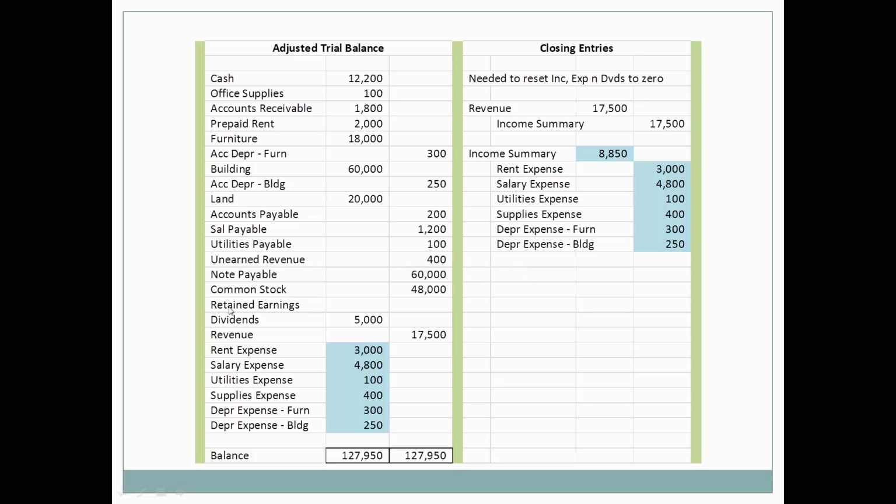So it is just one amount from the income summary that will be booked to retained earnings. This will be the income summary, which we are going to debit, and I'll show you when we look at the T accounts how you can understand that more clearly by looking at that illustration. And we're going to credit retained earnings for $8,650.